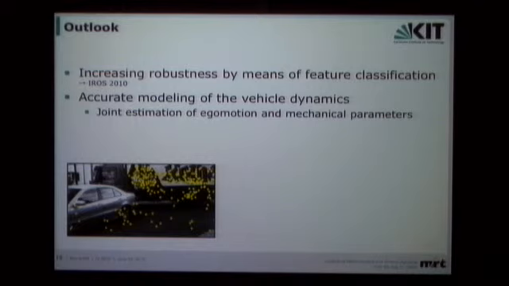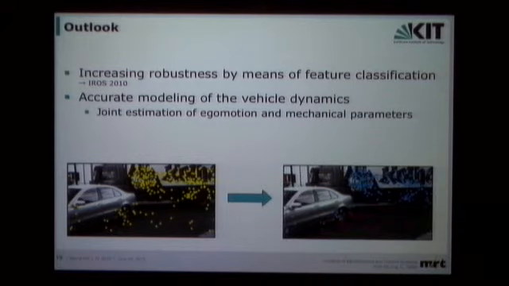This would speed up the entire process, and also fewer RANSAC iterations are needed to achieve the same robustness. And this has been done by my colleagues Bernd Kitt and Frank Moosmann. Here's the classification result. Blue points are potentially moving objects, and red points are potentially stationary objects. And this improves the accuracy, and this is being published at IROS this year.